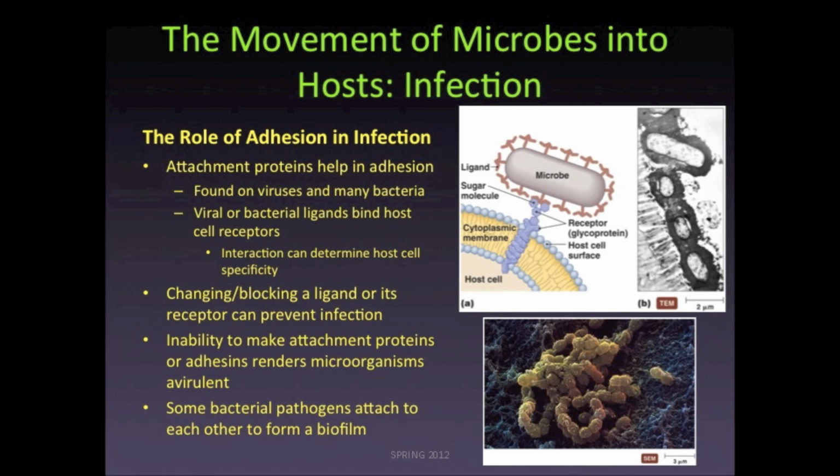The types of cells to which they can adhere is limited by the interaction between the ligand on the surface of the virus or bacterial cell with a receptor on the host cell. If a receptor is not present, they cannot adhere. Therefore, viruses and bacteria are restricted to particular cells or regions of the body. Changing or blocking the binding site for the ligand attachment can prevent infection, thereby also preventing disease.